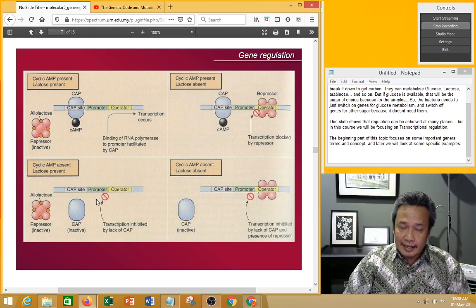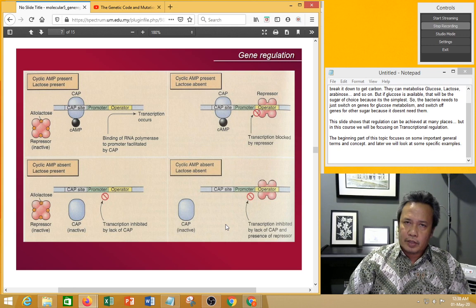Glucose blocks adenylate cyclase, so ATP is not converted to cAMP. Although the repressor is removed, it still cannot be switched on because the CAP protein hasn't bound to that region. Of course, in this last example, both are not present: the allolactose is not present, and the cAMP is switched off.